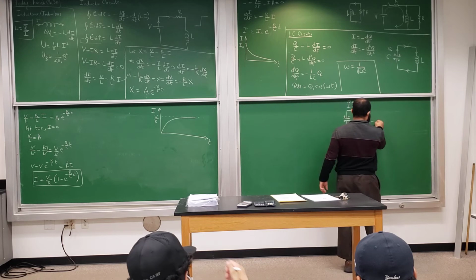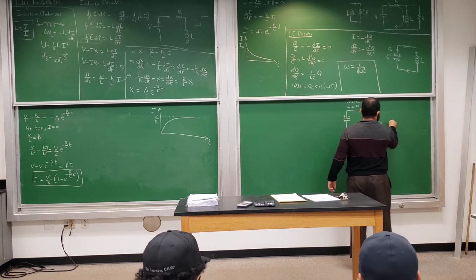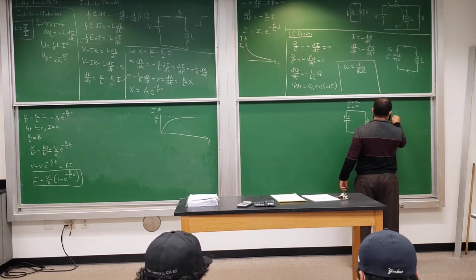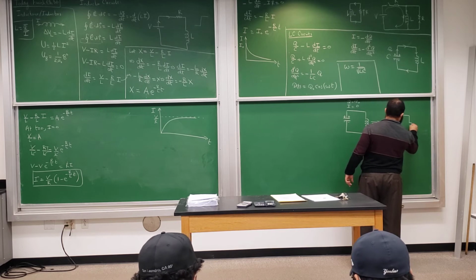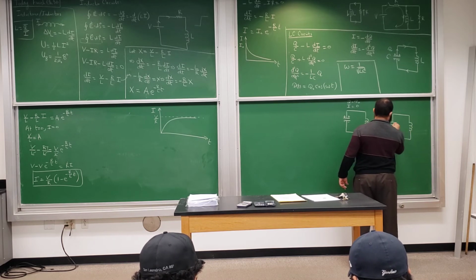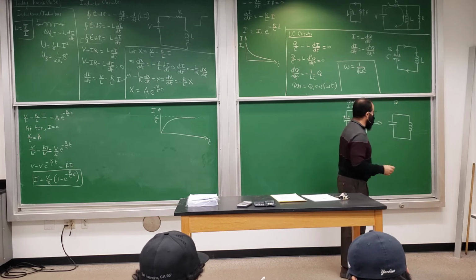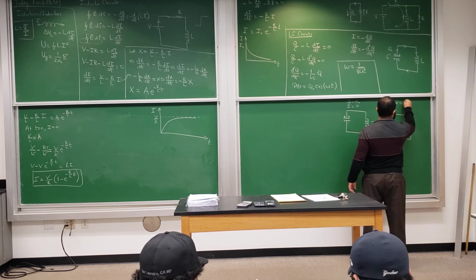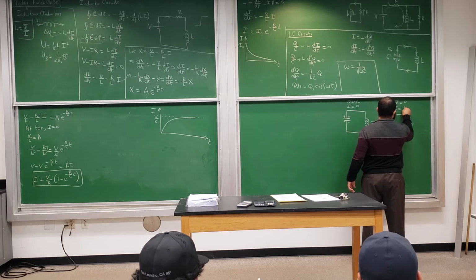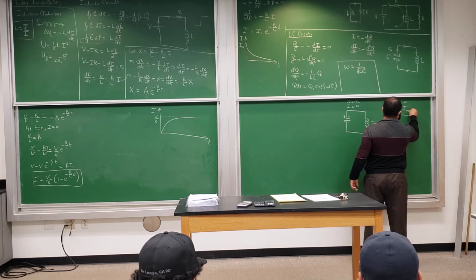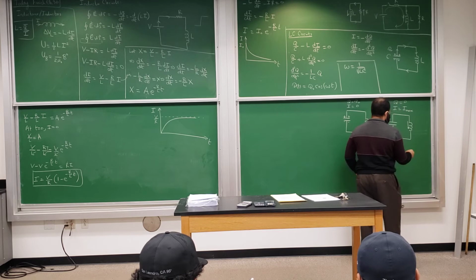Later on, we have this. There is no charge here now. The capacitor is just neutral. Q is just 0, but the current is maximum. So there is a current now in the inductor.